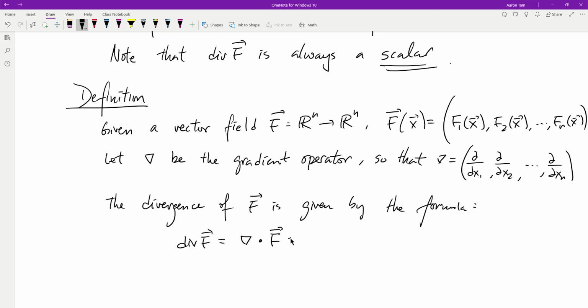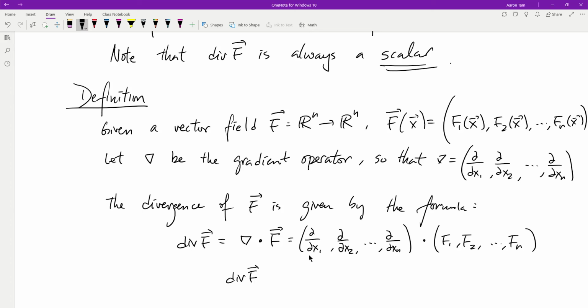And what does that mean? That would literally mean that we take this d/dx1, d/dx2, up to d/dx sub n, dot product with F1, F2, up to Fn. It means the following: you apply d over dx1 to F1, so it becomes dF1 over dx1.